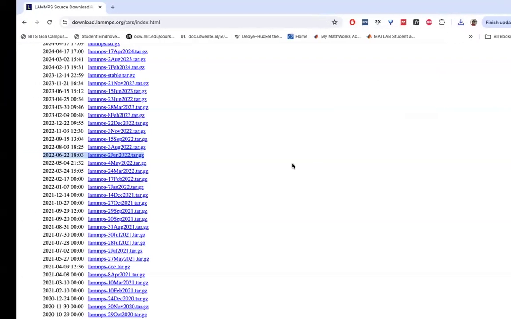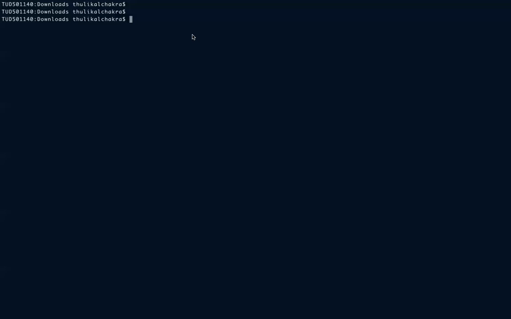Now let us go to the folder where it has been downloaded. I'm already at the folder where the LAMMPS zipped file has been downloaded. You can see that I'm using a terminal on my Mac OS, so I'm using commands which are suitable for it.